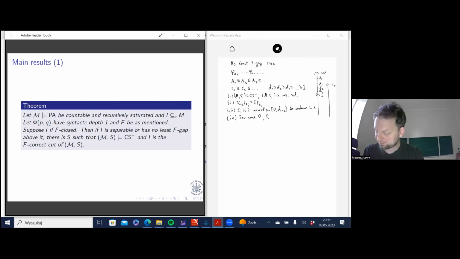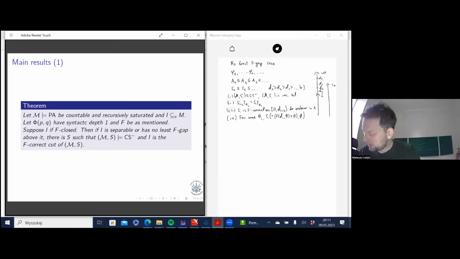Si satisfies that F of Di theta is not equivalent to theta, and this theta will once again depend on i.